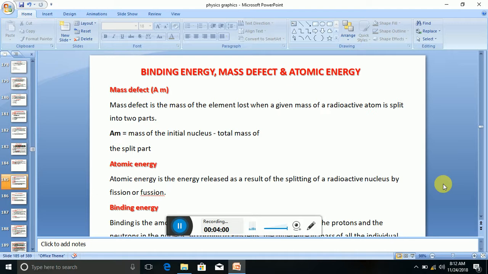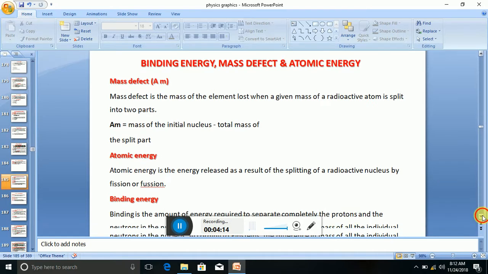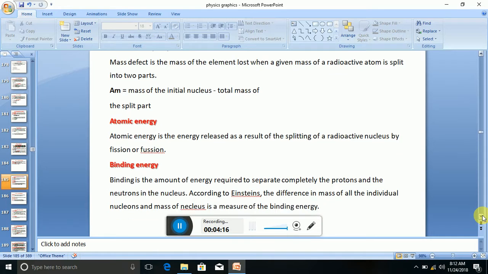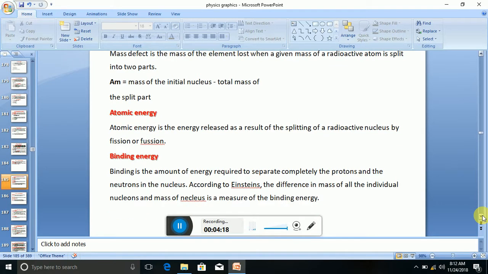Now, atomic energy is the energy released as a result of splitting of a radioactive nucleus by fission or fusion. So whenever they are splitting, that energy that is released is known as atomic energy. Now, binding energy is the amount of energy required to separate completely the protons and the neutrons in the nucleus.